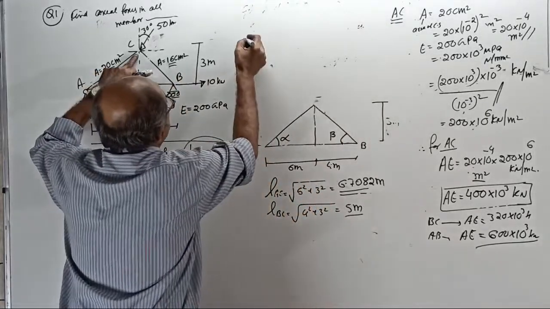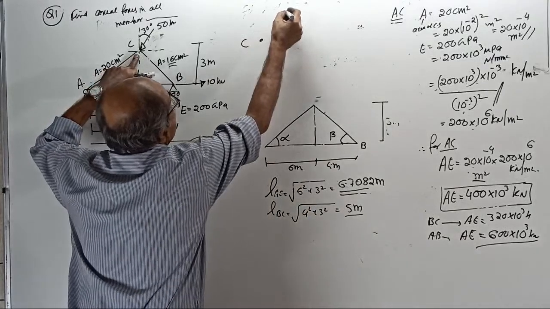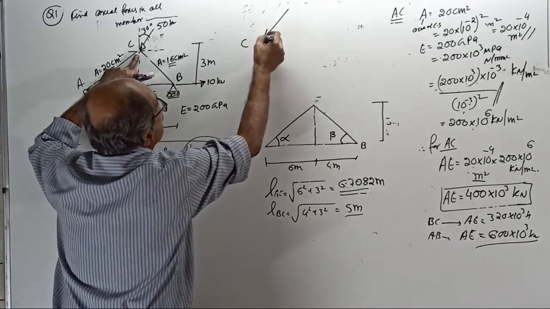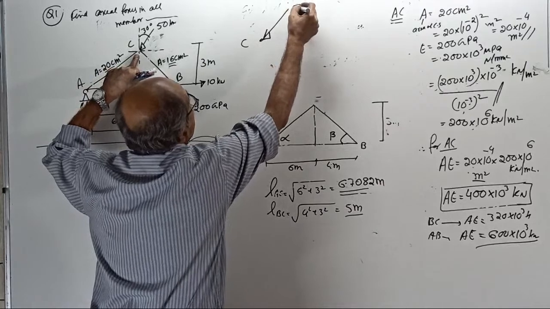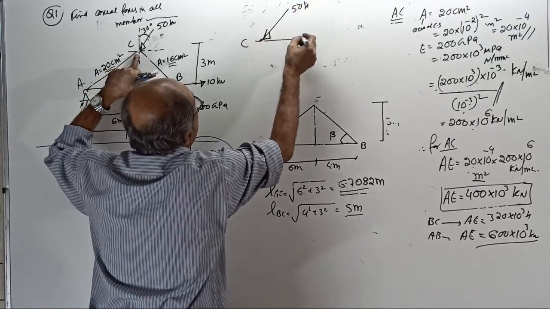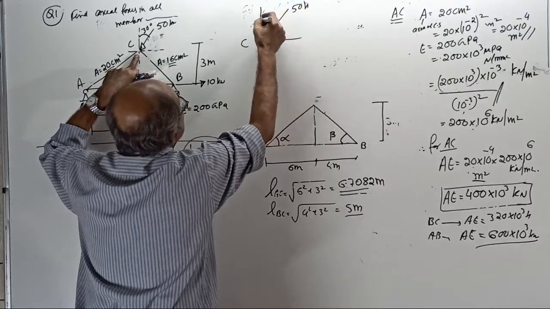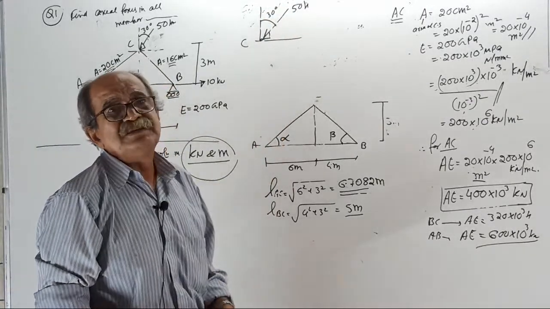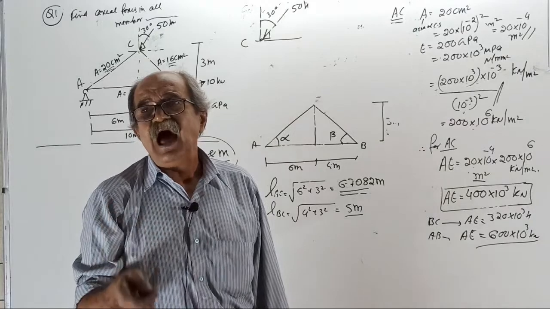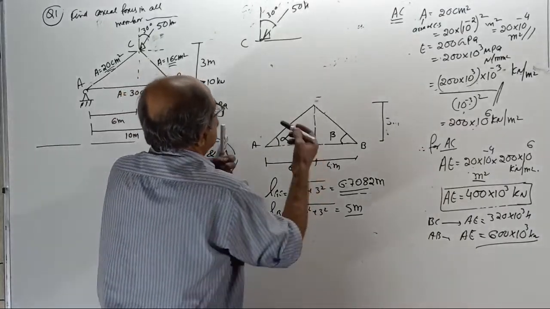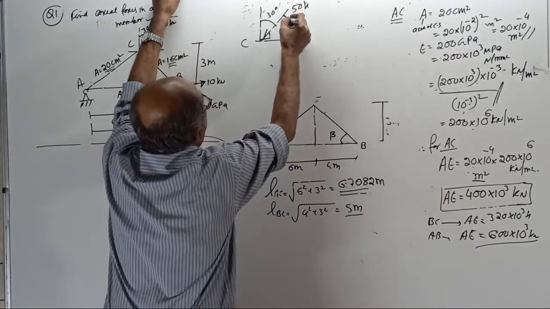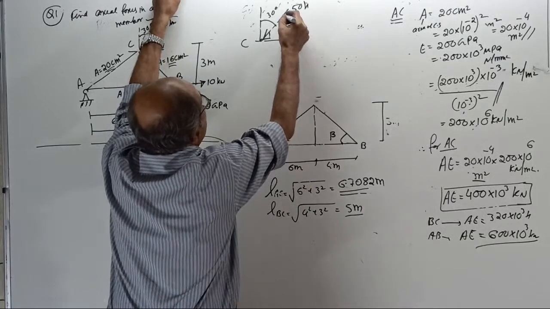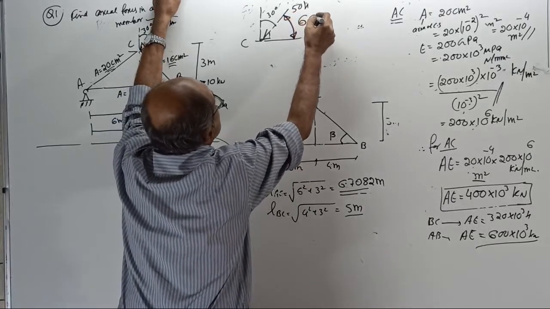At the point C, there is an inclined load given here. How much? 50 kilonewton. The angle it makes with the vertical is 30 degrees. But when you resolve, it is always better to consider the angle with the horizontal. So you don't use it. This angle with horizontal is 60 degrees.